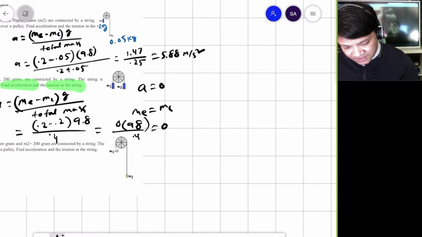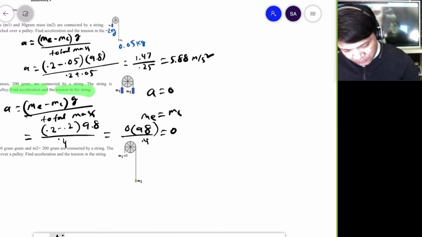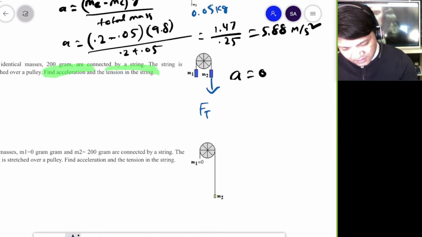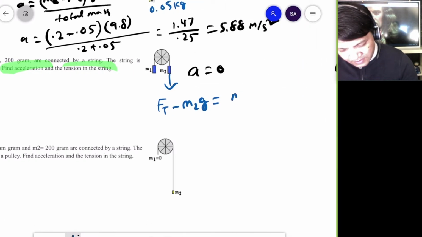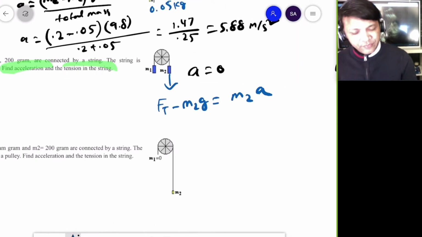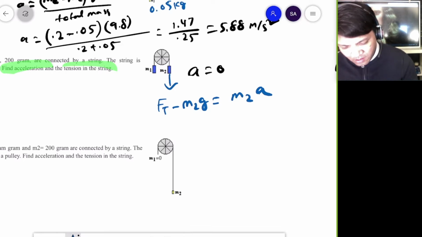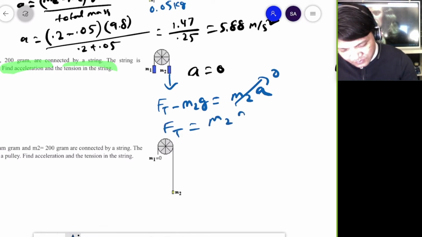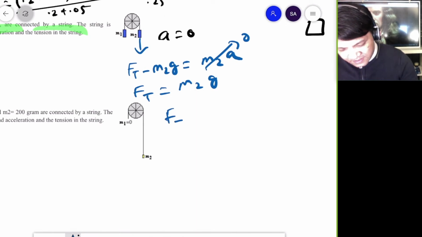Now we're going to find the tension. So what would be the tension? To find the tension, FT minus m2g is equal to m2a. Now acceleration is 0, so FT is equal to m2g.